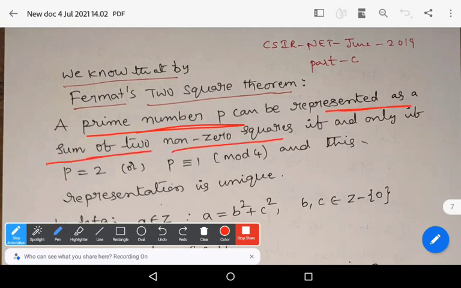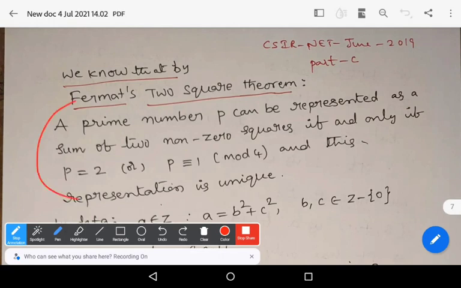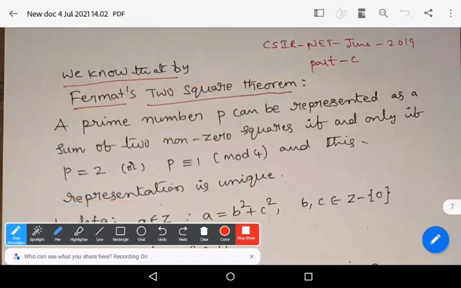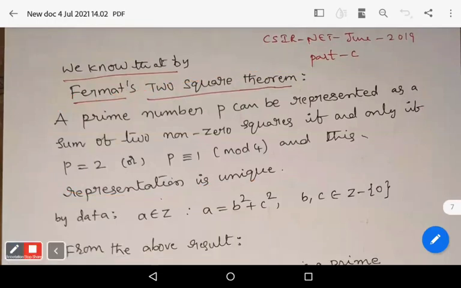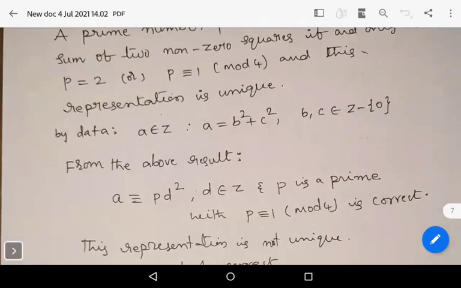A prime number p can be represented as a sum of two non-zero squares if and only if p equals 2 or p is congruent to 1 modulo 4, and this representation is unique. You have to understand this statement.